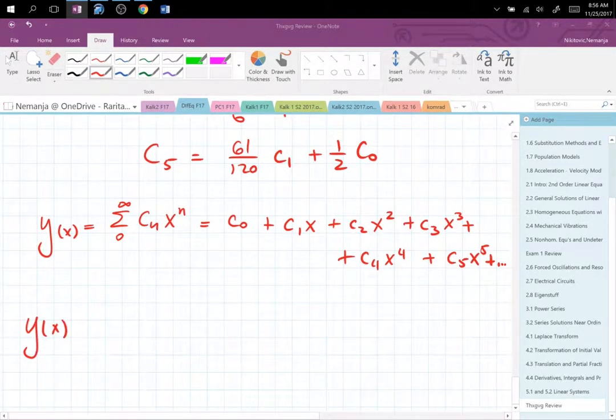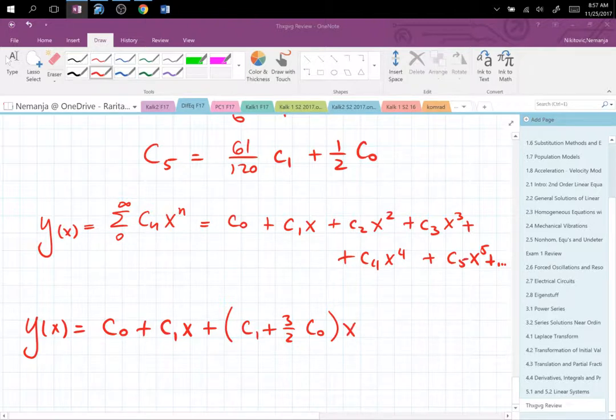So y of x is equal to C0 plus C1 x plus, and now for C2, what do we have? We have C1 plus 3/2 C0, and all of that is times x squared.